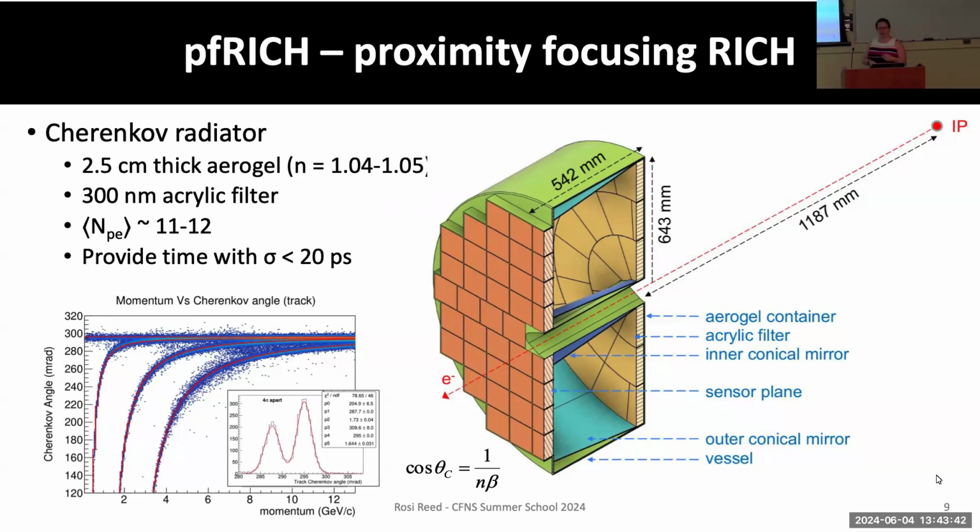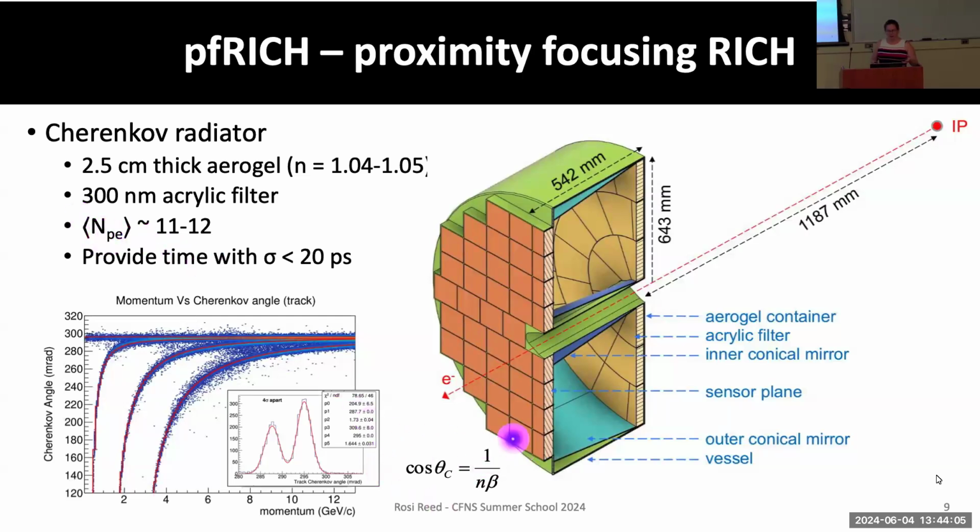The idea is that it produces on average about 11 to 12 photoelectrons per particle. This is just the signal that you may receive in your electronics. One advantage is that this gives you timing resolution less than 20 picoseconds, which will help you distinguish your particles.